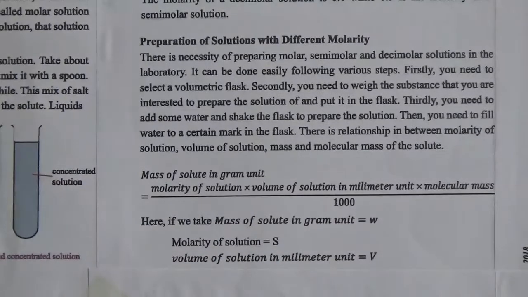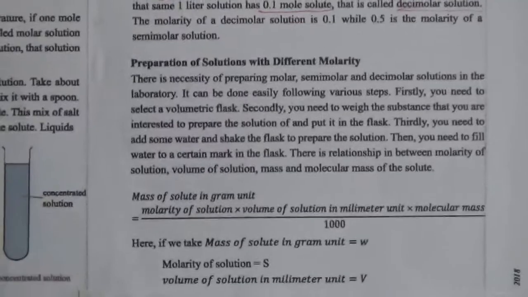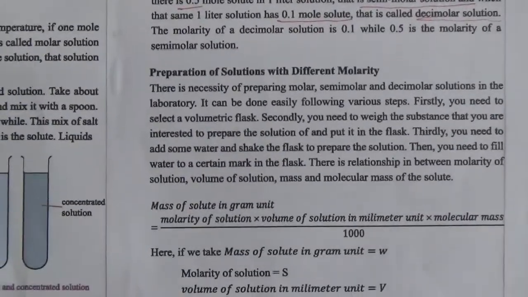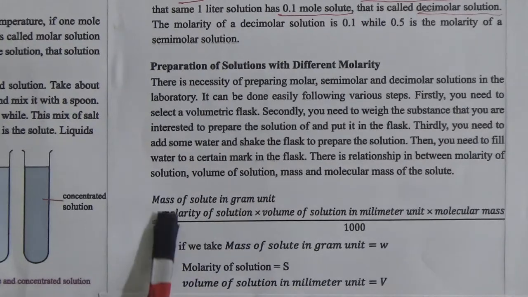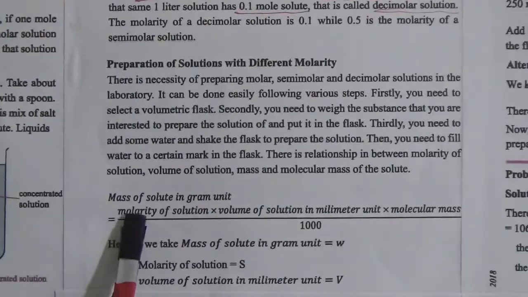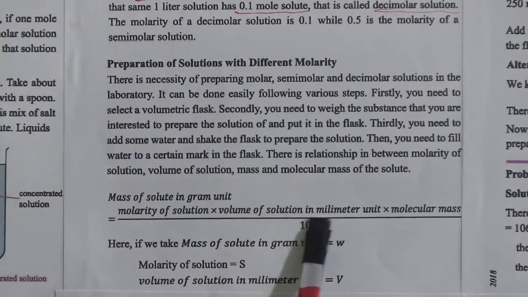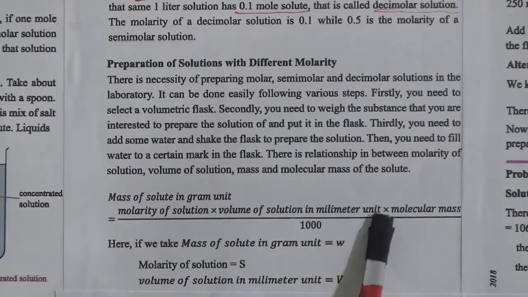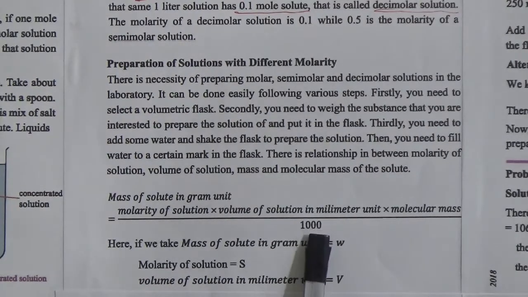Now we will learn a formula that is taken from physics, but we will use it here in our chemistry, because physics, chemistry, biology are interrelated, and maths also. Now the formula is, mass of solute in gram unit is equal to molarity of the solution multiplied by volume of the solution in milliliter unit, multiplied by molecular mass, and divided by 1000.